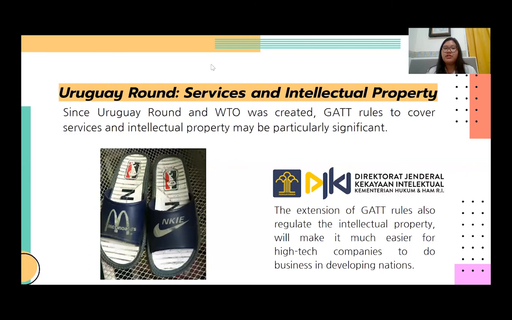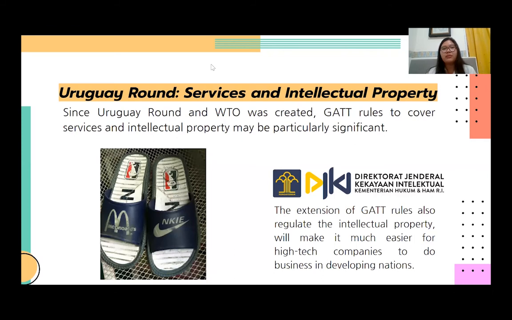The extension of GATT rules also regulates intellectual property, and it will make it much easier for high-tech companies to do business in developing countries. For example, in Indonesia, where intellectual property rules are poorly enforced, the GATT rules helped high-tech companies to protect their intellectual property.